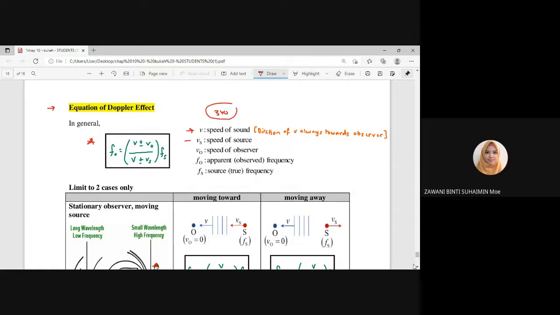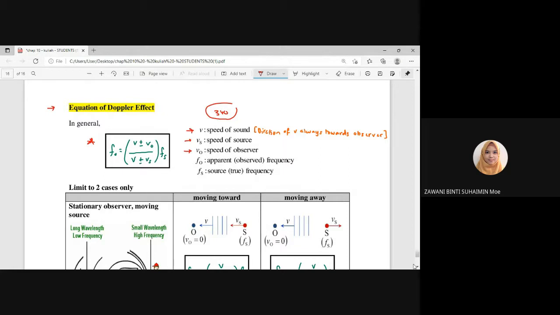Okay, so Vs adalah the speed of the source. Okay, so contoh kalau source awak tu tidak bergerak, so maksudnya speed Vs ni sama dengan kosong. Kalau source awak bergerak, so maksudnya dia adalah speed dia. So sama juga dengan VO. VO adalah speed of observer, iaitu awak lah contohnya. Siapa-siapa yang mendengar bunyi tersebut. Okay, so kalau awak sebagai observer berada dalam keadaan stationary ataupun rest, so maksudnya VO awak kosong lah.